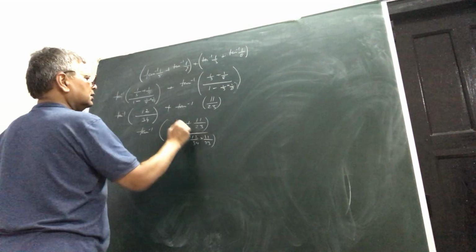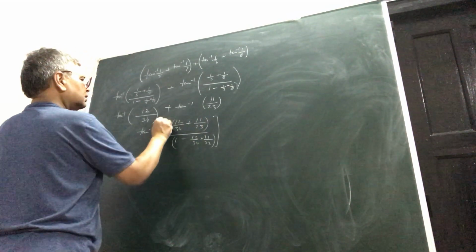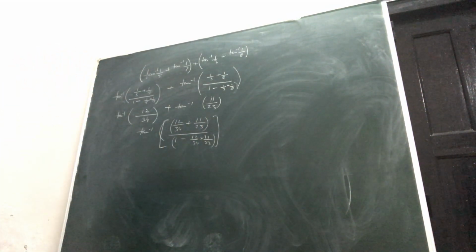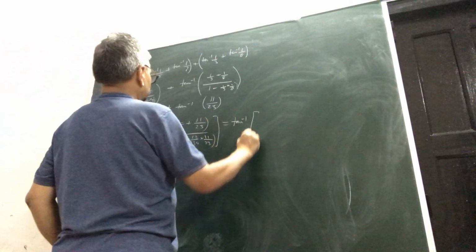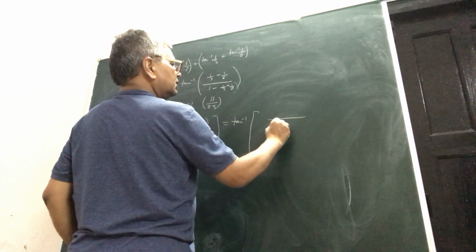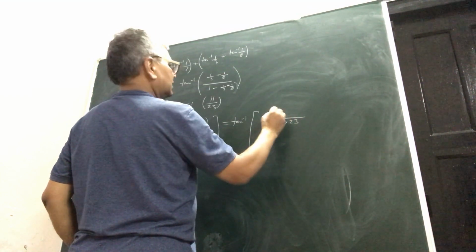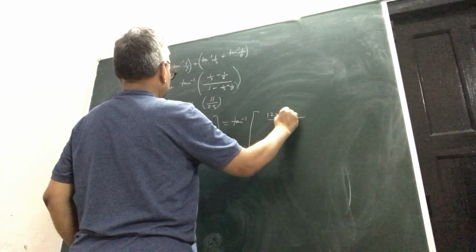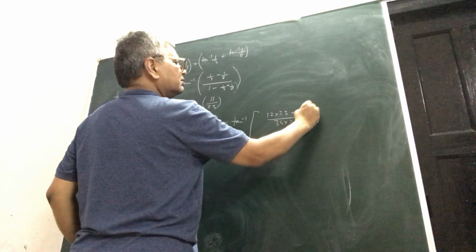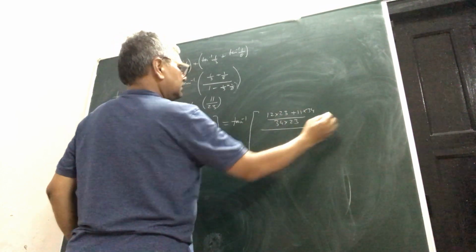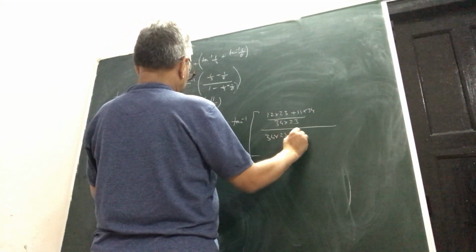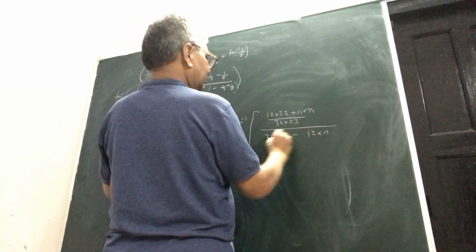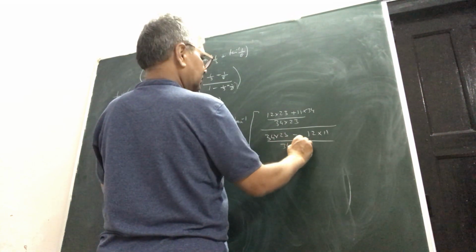Okay. Let us calculate this and see what it gives me. Tan inverse, 34 into 23, and then 12 into 23 plus 11 into 34 upon 34 into 23 minus 12 into 11 upon 34 into 23.